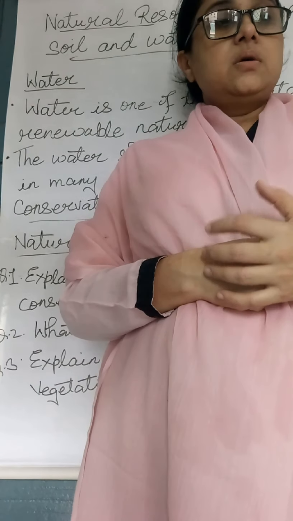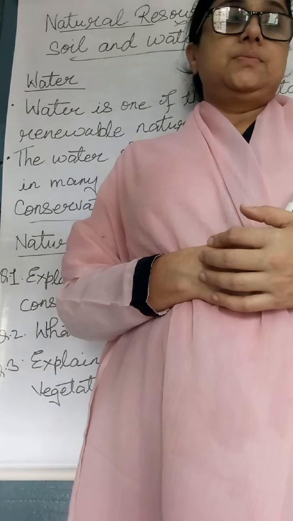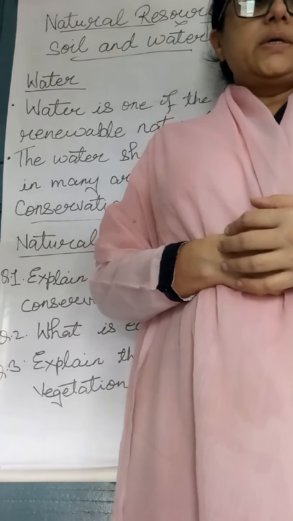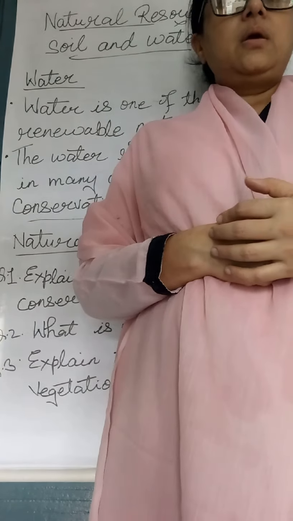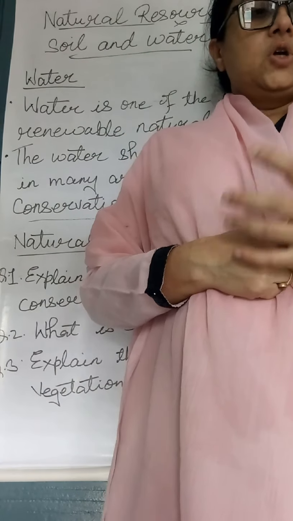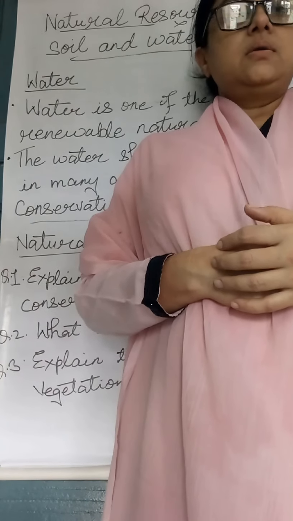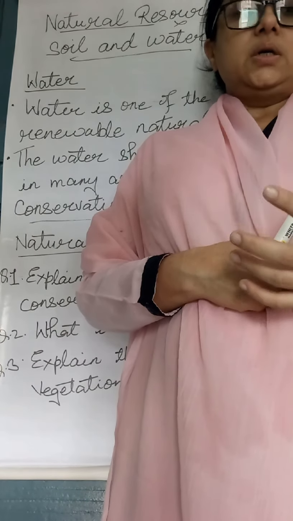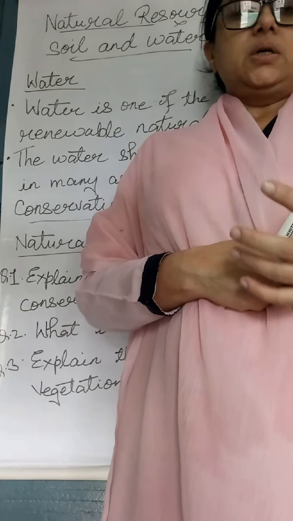This is called surface water. Water is also present in the pores of rocks under the surface of the earth. This is called groundwater. But most of the water on the earth is in oceans.